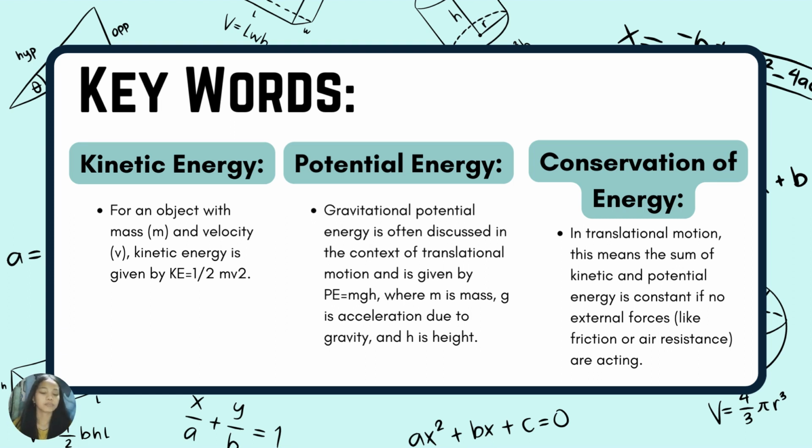Next, last but not the least, the conservation of energy. The principle of conservation of energy states that the total energy of a closed system remains constant over time. In translational motion, this means the sum of kinetic and potential energy is constant if no external forces, like friction or air resistance, are active.